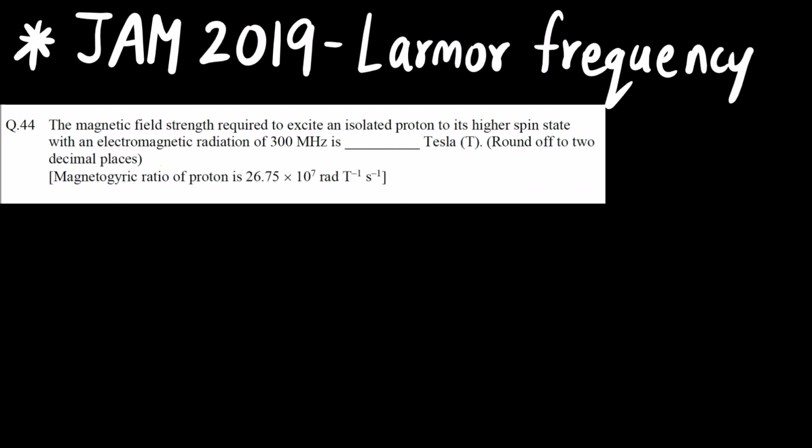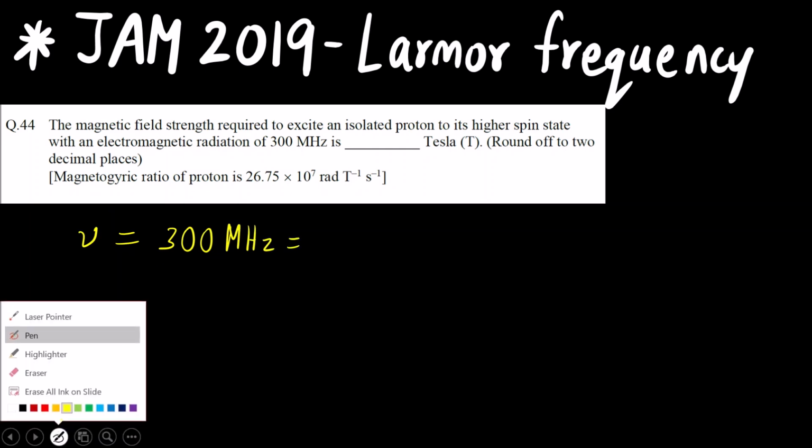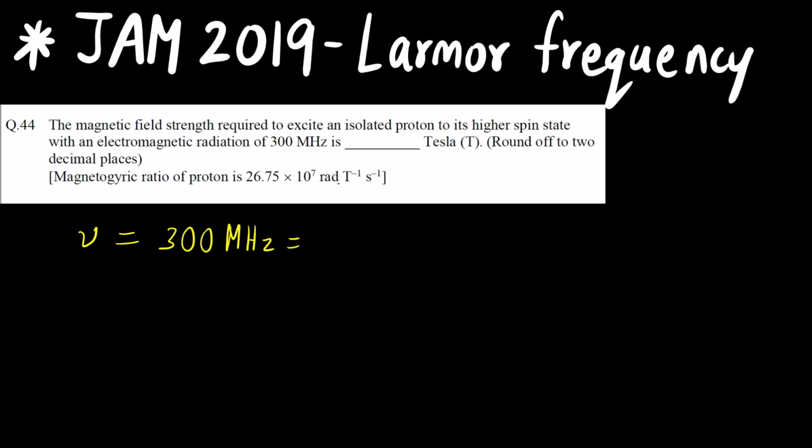The first question is: the magnetic field strength required to excite an isolated proton to its higher spin state with electromagnetic radiation. The frequency is given, the Larmor frequency is 300 megahertz. Now if you see the other quantity, the gyromagnetic ratio, it is given in second inverse.